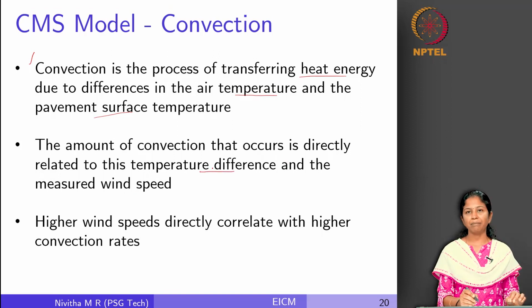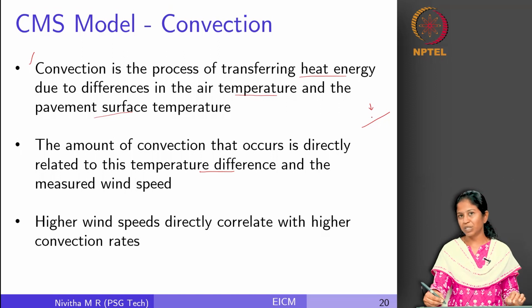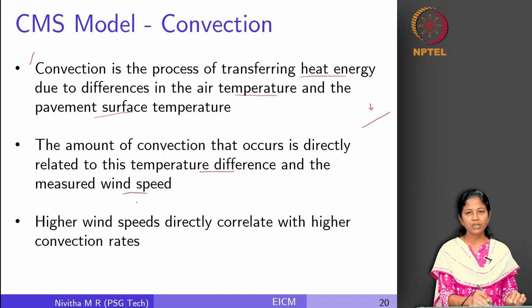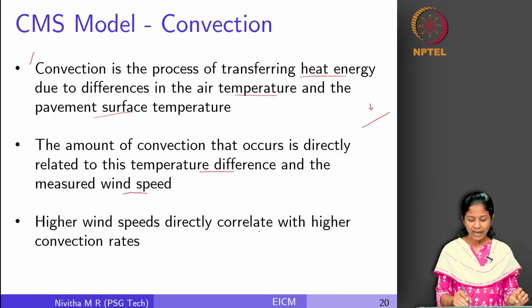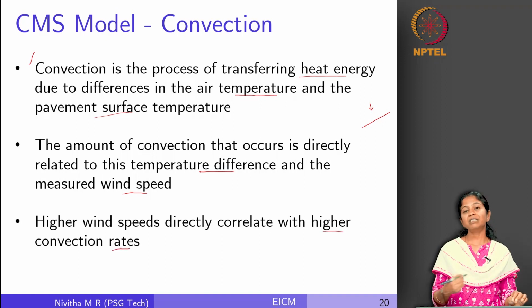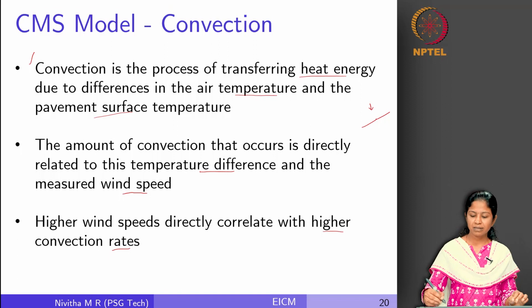What is the difference in temperature between my pavement surface and the air? So, if this temperature difference is large, the convection process will happen rapidly, and vice versa. It is also influenced by wind speed, that we had seen in the previous lecture also. So, higher wind speeds directly correlate with higher convection rates. If the wind speed is higher, it enables the removal of heat from the surface at a faster rate.